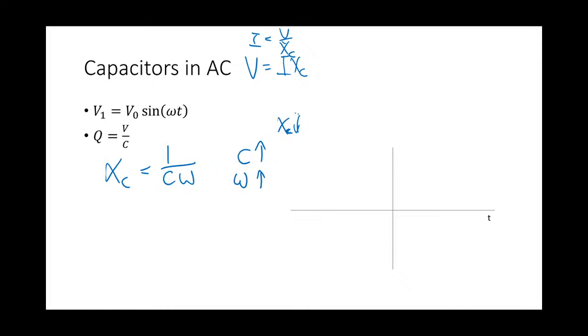When either of these numbers goes up, the reactance goes down. So you can think of it as, for the same current, the output voltage goes down.